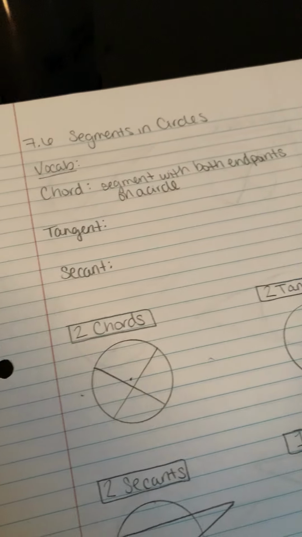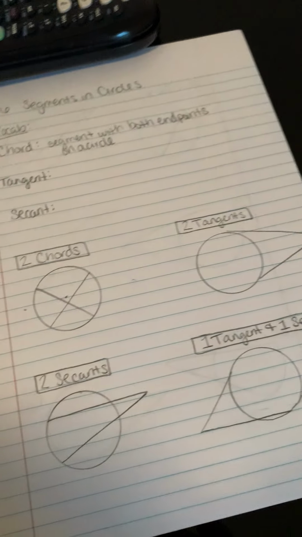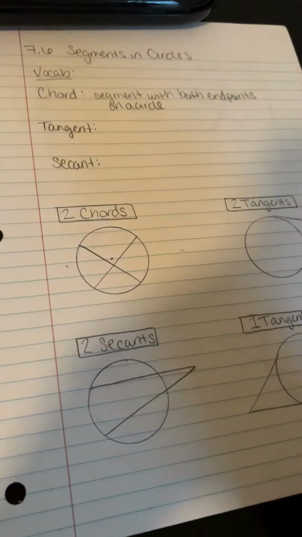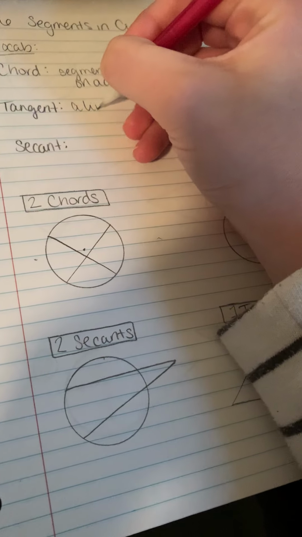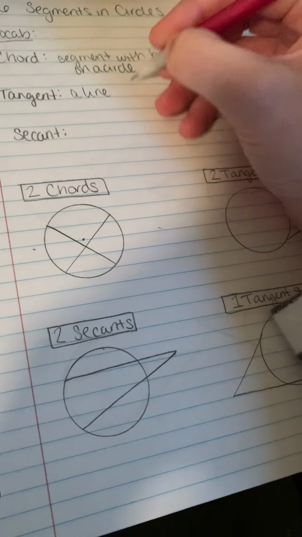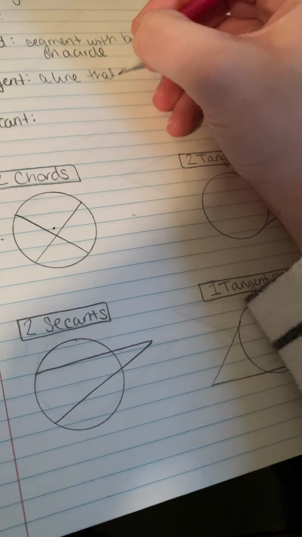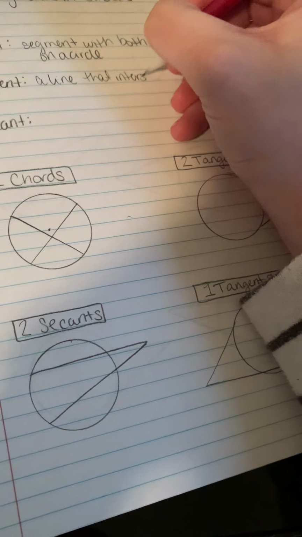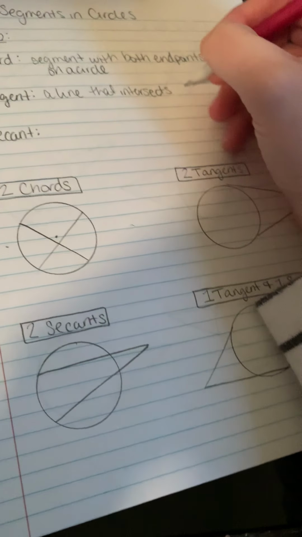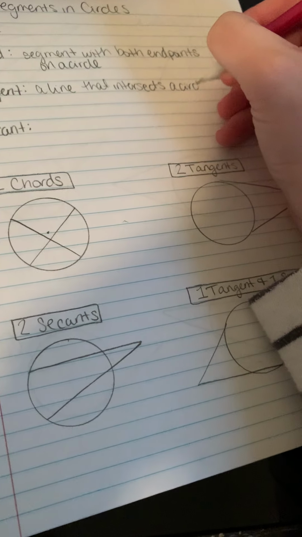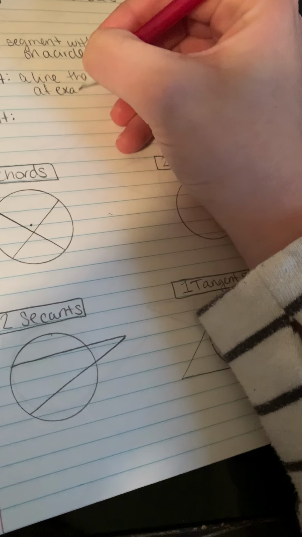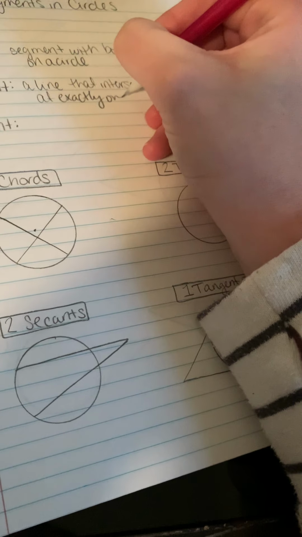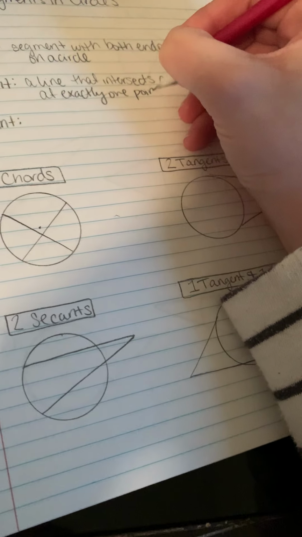Okay. The next vocab word we have is tangent, which is a line that intersects a circle at exactly one point.